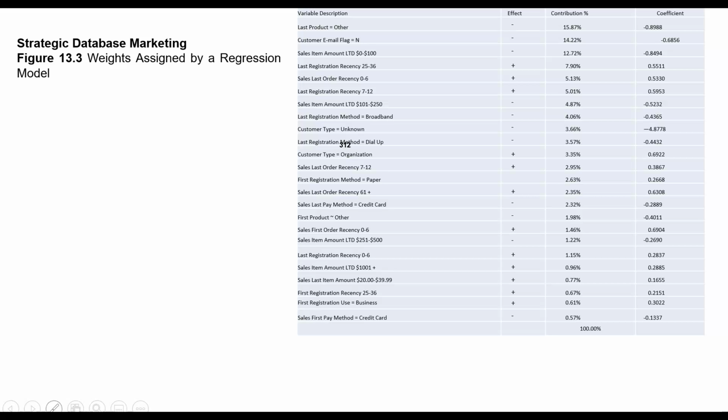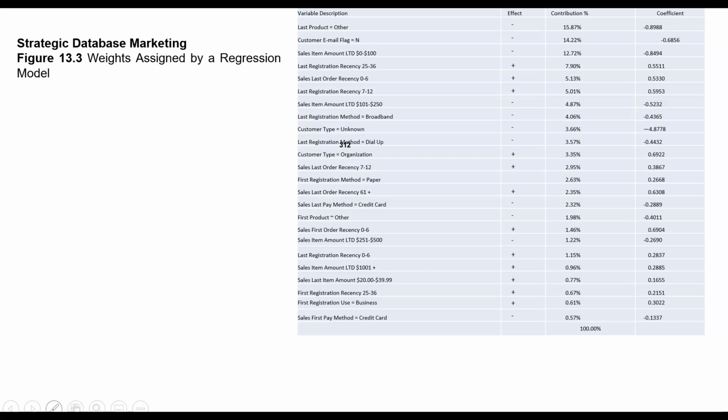And then you have a coefficient. So the coefficient is, you're able to apply now to each one of these variables to come up with an equation, basically, to help you predict each customer's behavior.